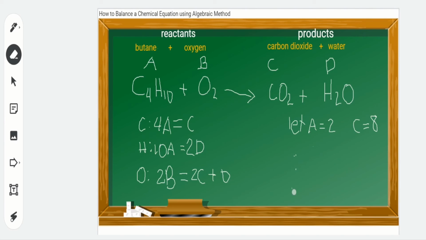So, what's lacking is the value of B and D. Here we have 10A is equal to 2D. So, we can use this equation to find D. What could be the value of D? Let's use that equation. 10 times A, which is 2, is equal to 2D.